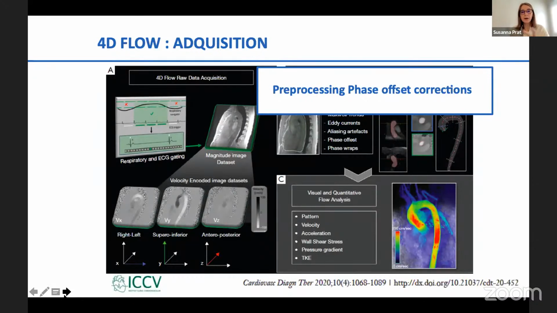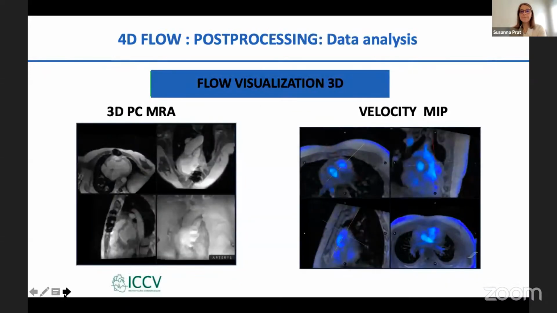When all of this is done, we are prepared to get a huge amount of data. Usually for 4D flow it is a lot of data that we transfer to specific software dedicated to data analysis. The post-processing part in this sequence is very important.